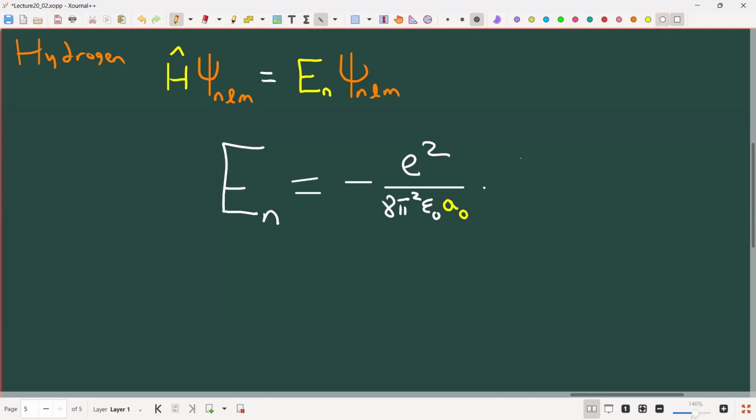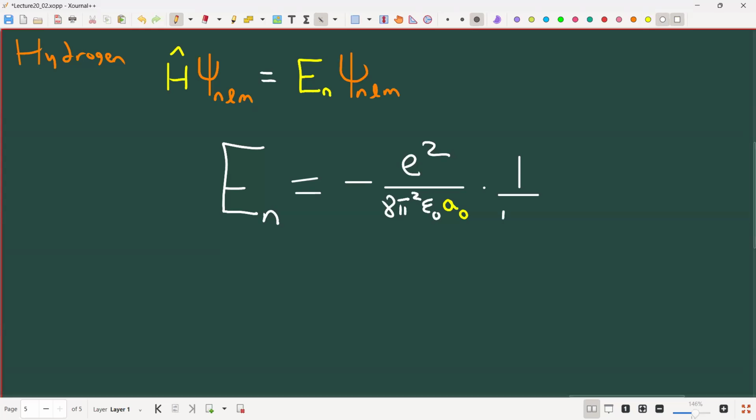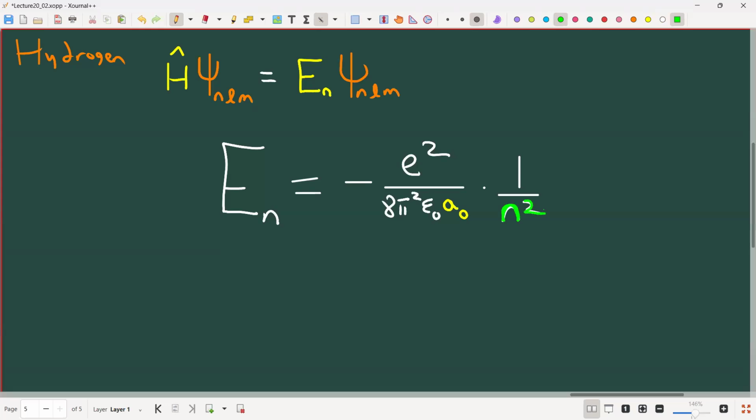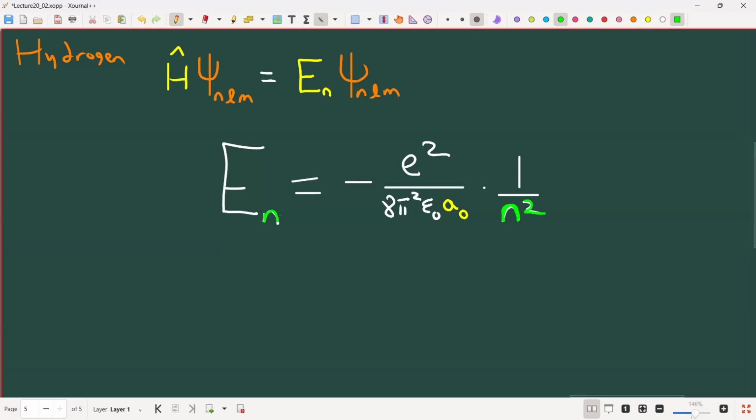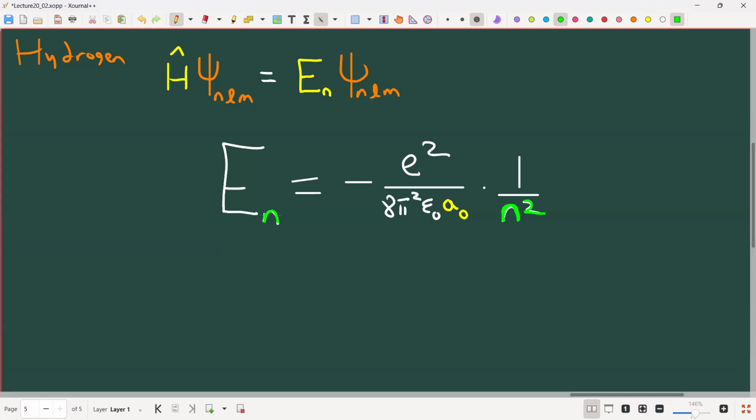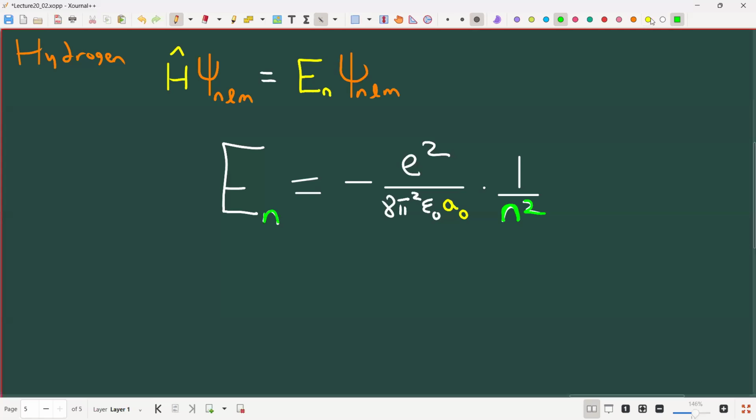A naught times 1 over n squared. So the energies of hydrogen go as 1 over n squared. Kind of a funny formula. We'll have to look at that a little more carefully. Let's see if this gets us the answers that we saw Balmer and Lyman do. Can we reproduce the same result as them?